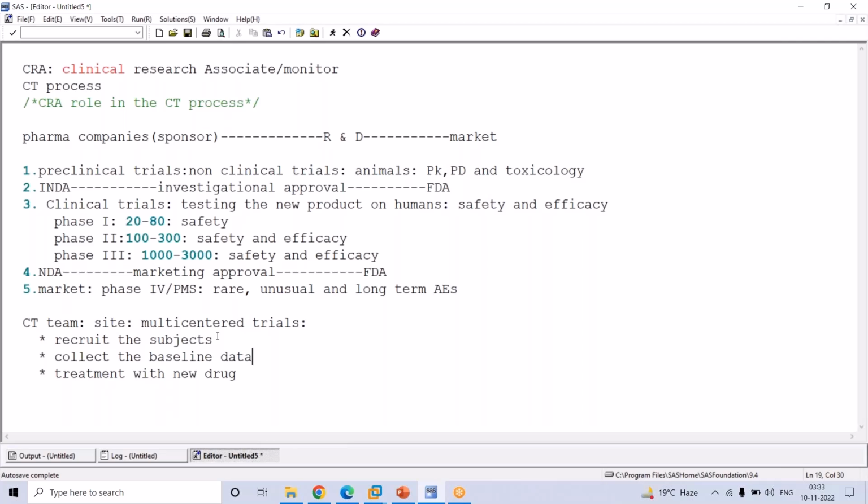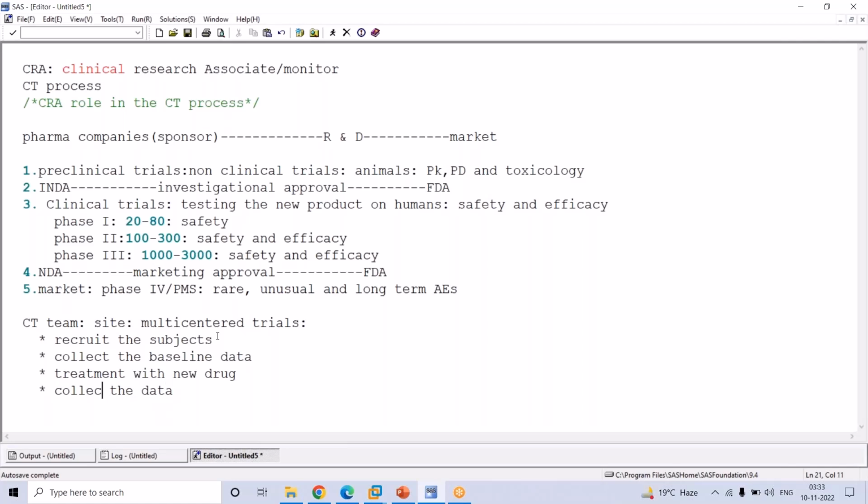Baseline data is whatever data we collect before giving them the drug, such as demographic data, vital signs, and physical examination before the drug. Then we start the treatment. After treatment also they will collect the data.